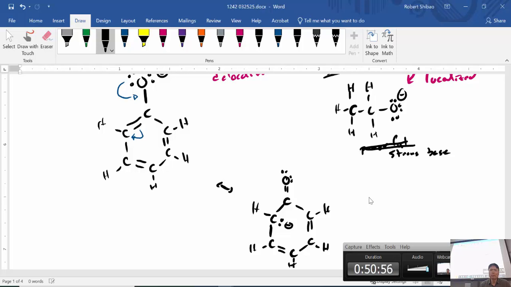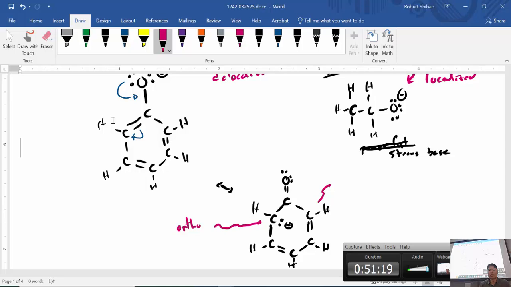This carbon they give a name to in organic chemistry. This one's called the ortho carbon, or the ortho position. We have two ortho positions.